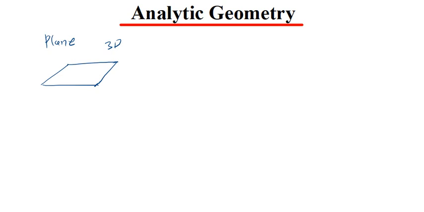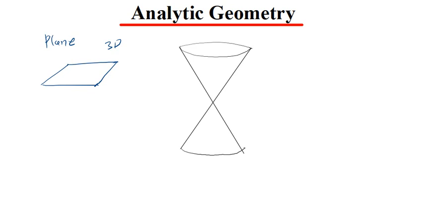A double napped cone is something a bit like this. You're going to have a cone of that kind here, and then here we're going to have another, and we understand where all of this is coming from and why it is important. So what we have here is a double napped cone.